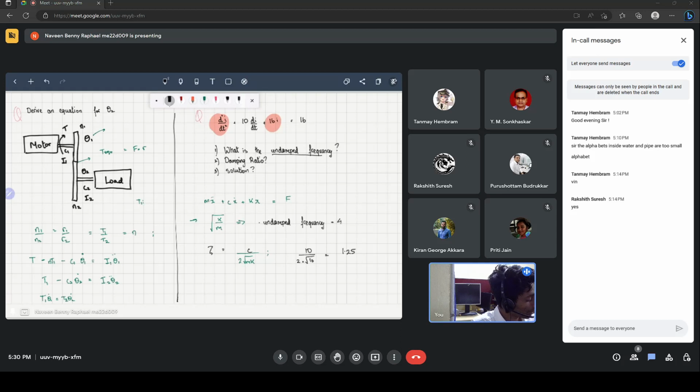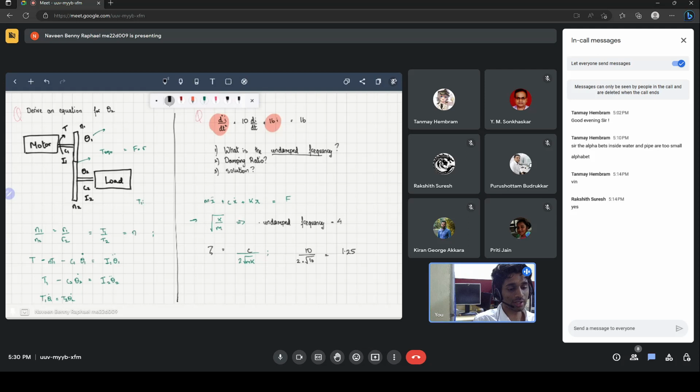From this, it will be evident that this is an overdamped system, and because it's an overdamped system, one way to simply solve this is to know the general solution and substitute the values.